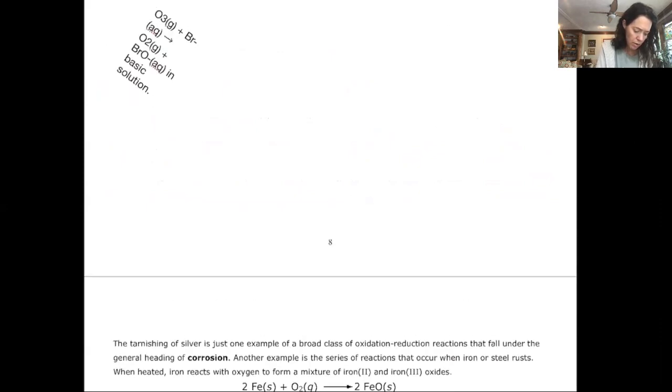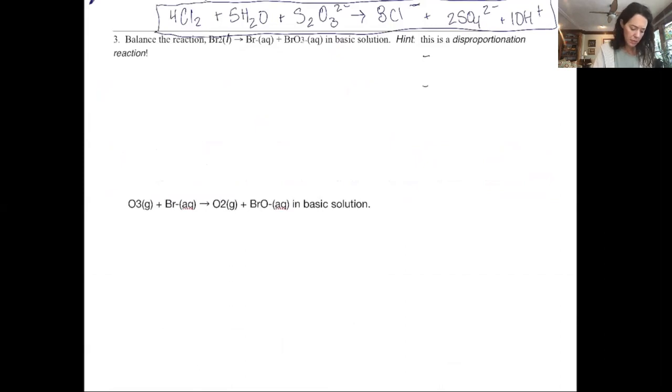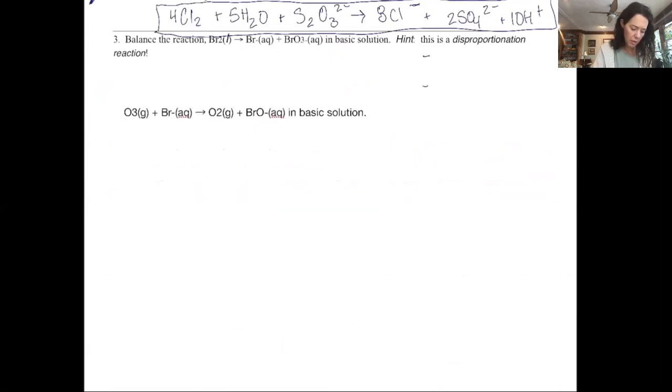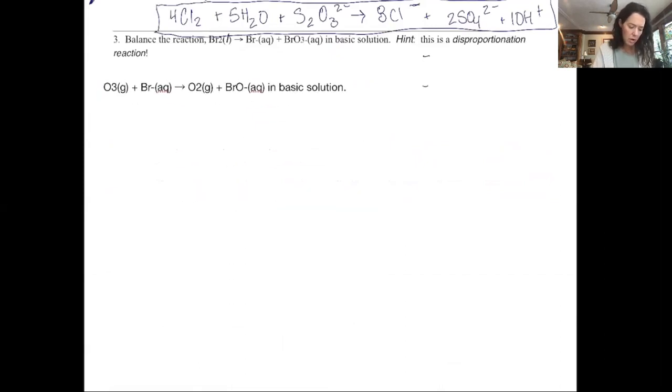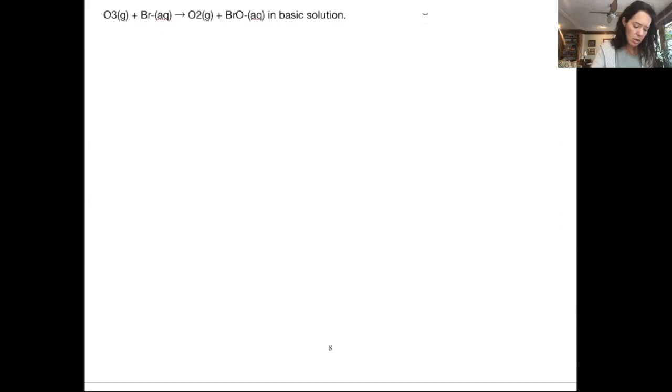Oh, no, don't do that. Y'all, it's going to take me forever to get that back. There we go. Okay, so let's look at this one. I'm going to move him up a little bit. So that's what we're going to focus on. Notice this time we are in a basic solution. So that's going to change one step.